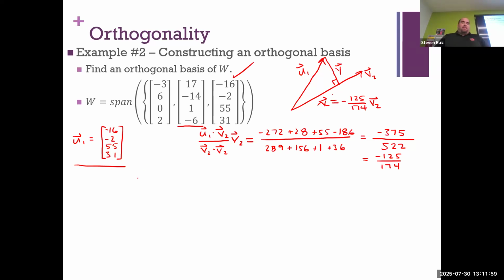So the goal I have right now is to figure out what our new vector 2 is, the vector 2 that we're going to use for our orthogonal basis. So how do we get that now?